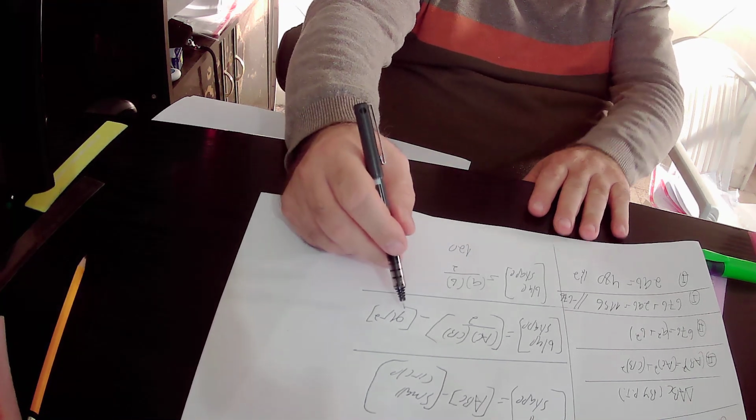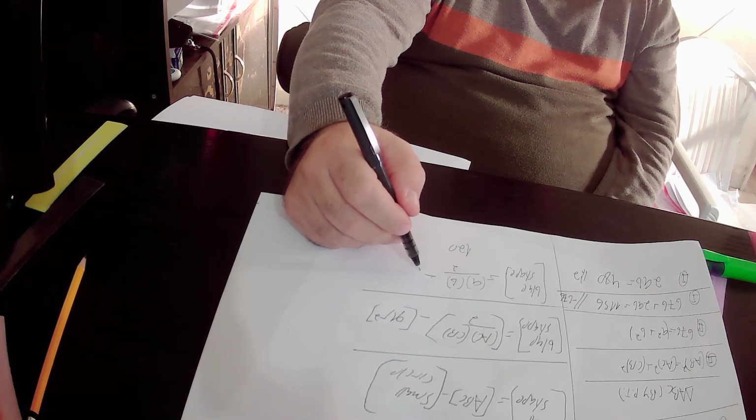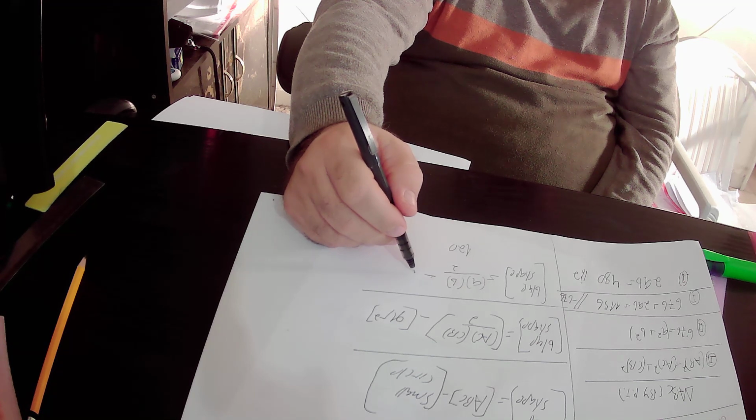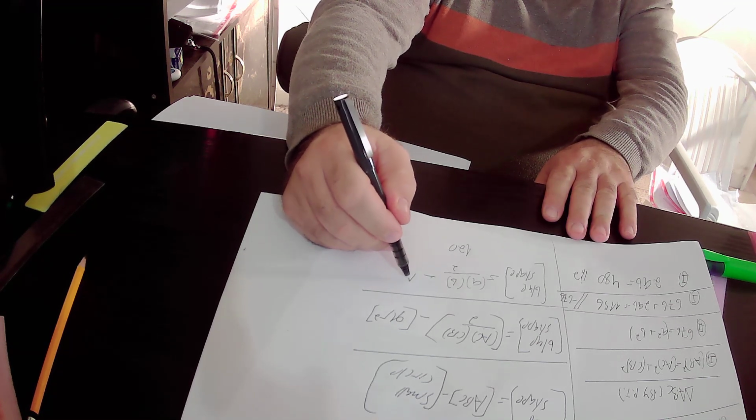Here the area of the small circle is pi r squared, r equals 4, therefore r squared is 4 squared, that is 16. So in conclusion, the area of the small circle is 16 pi.